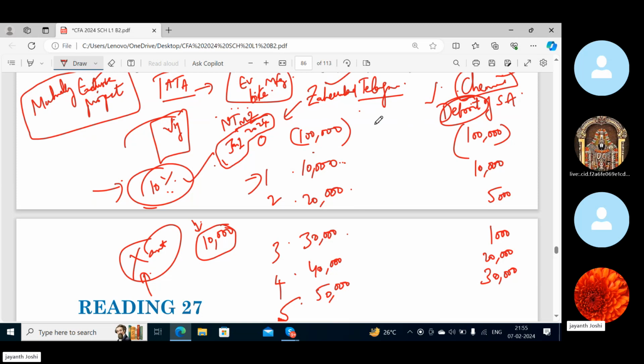For that we will take up the discount factors, at the rate of 10%. So what is the discount factor at the rate of 10%? 0.9090, 0.8261. Just give me a second, we'll calculate.